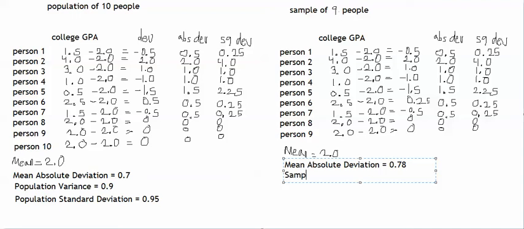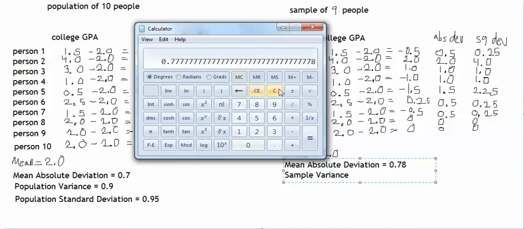What about the sample variance? We just have to add these squared deviations and we have to actually calculate an adjusted mean, or an adjusted average, in which we divide by one less than the number of numbers, which will be 8 instead of 9. So let's add the squared deviations.